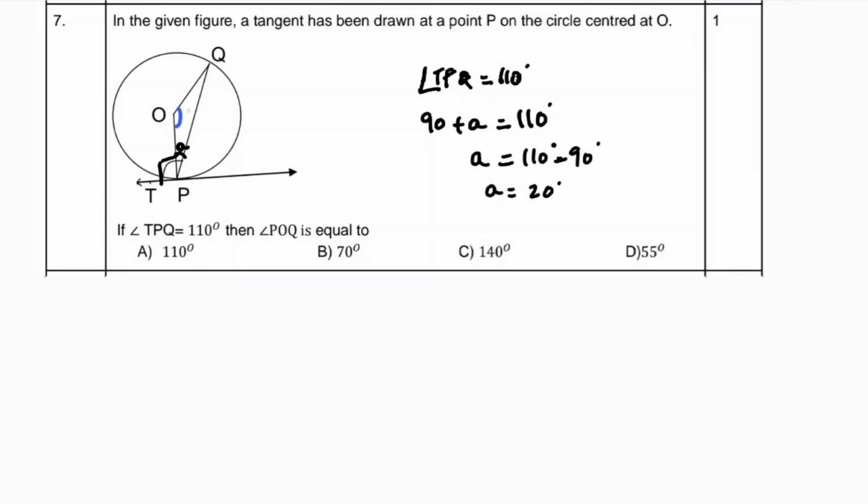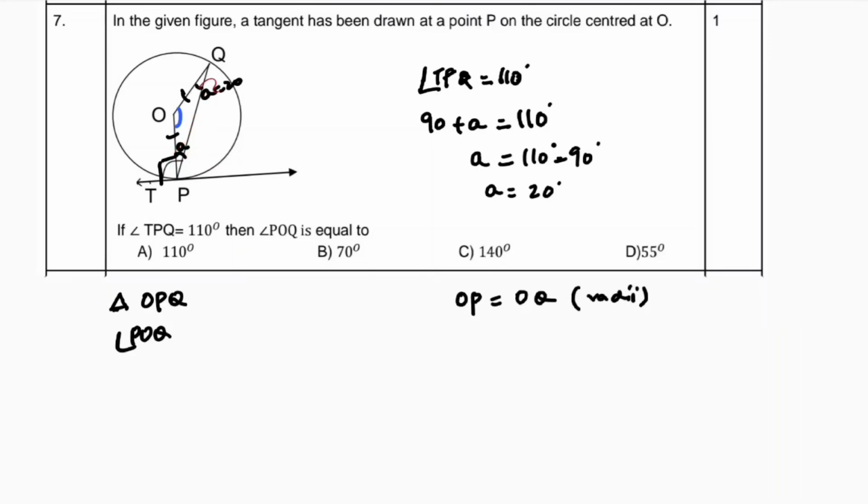Okay, but see, OP equals OQ because they are radii. So the opposite angles also will be equal. These two sides are equal, so if this is A, this also will be A. So this angle is also 20. So in triangle OPQ, one angle is angle POQ, this one.